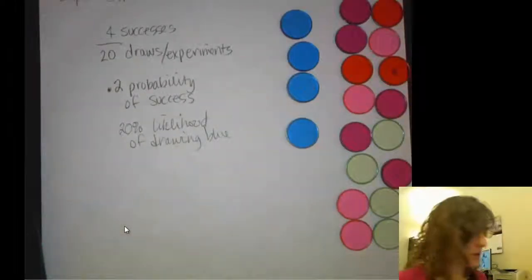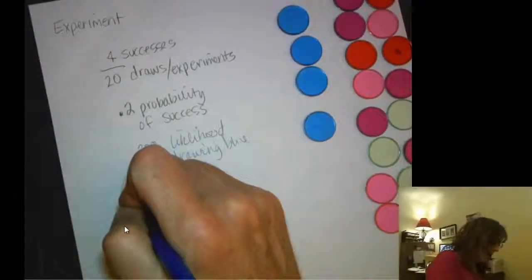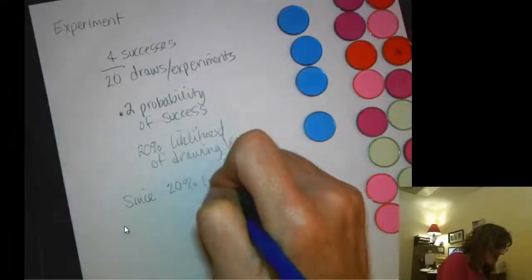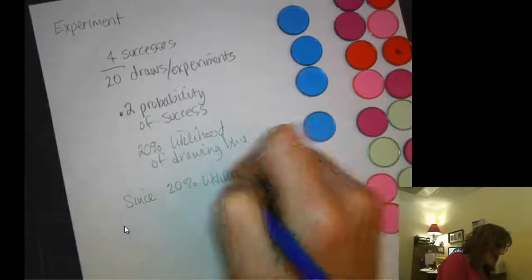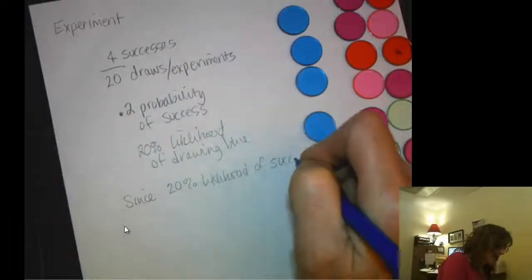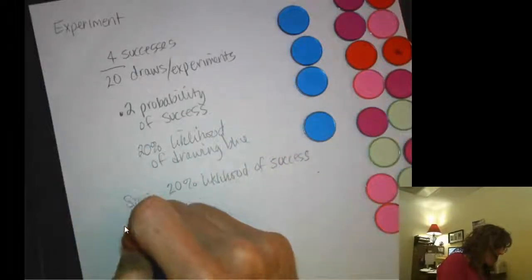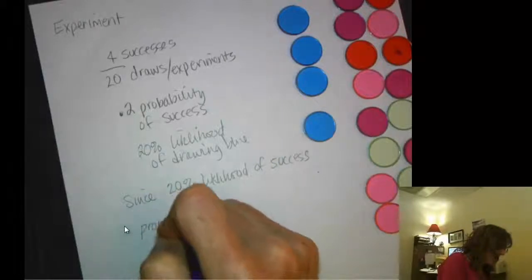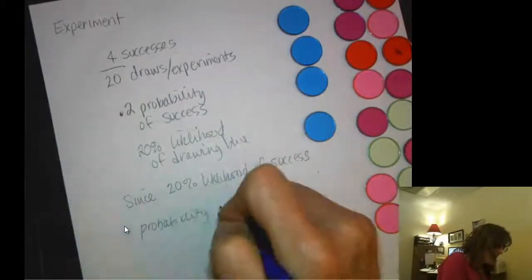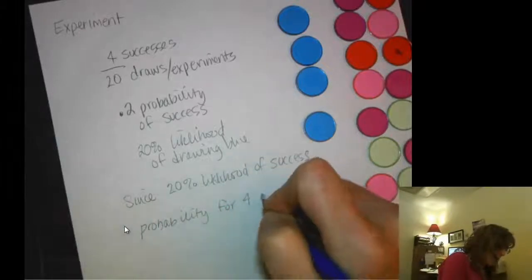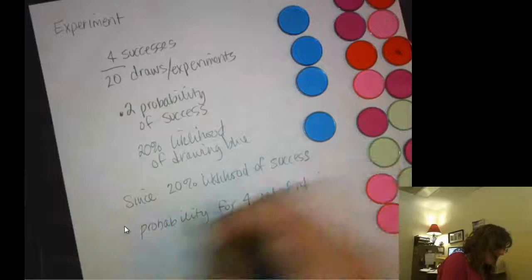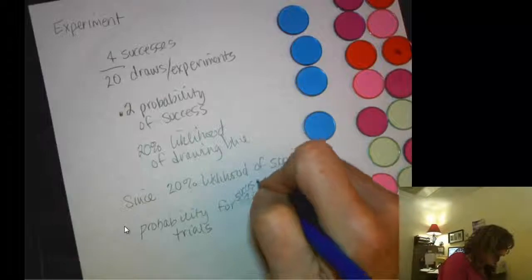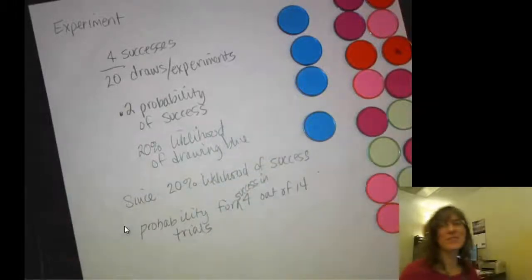Okay, so what we're going to do then is, since I have 20% likelihood of success, my problem is now I want to know the probability for success in 4 out of 14 trials.